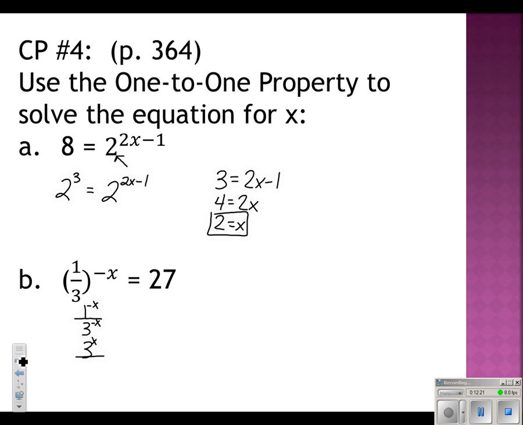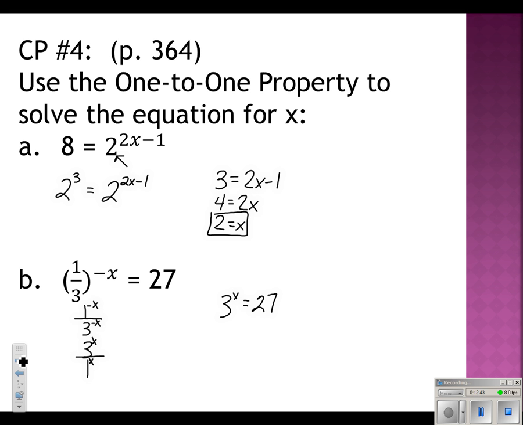If I rewrite this with 3 to the x power on top and 1 to the x underneath, I eliminate those negatives. Now, 1 to the x power is just 1. No matter what power you have there, you get a value of 1. So now we're just going to consider that 3 to the x has to equal 27.